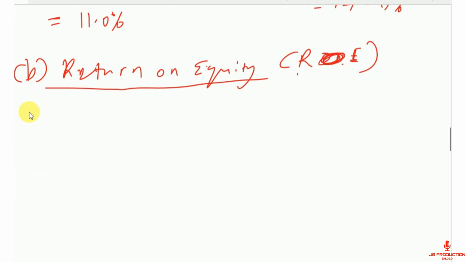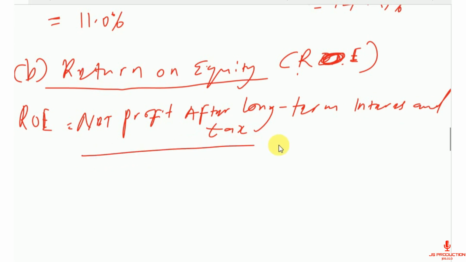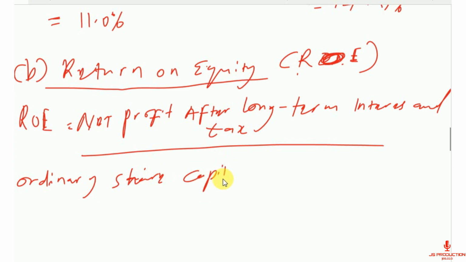When calculating return on equity, we say net profit after long-term interest and tax, divided by ordinary share capital and reserves, multiplied by 100.